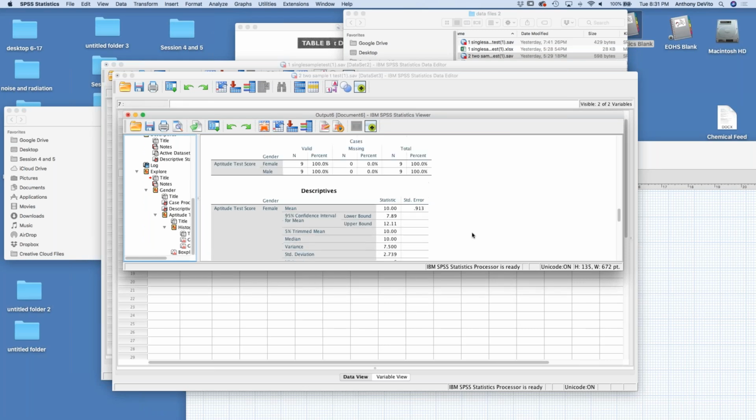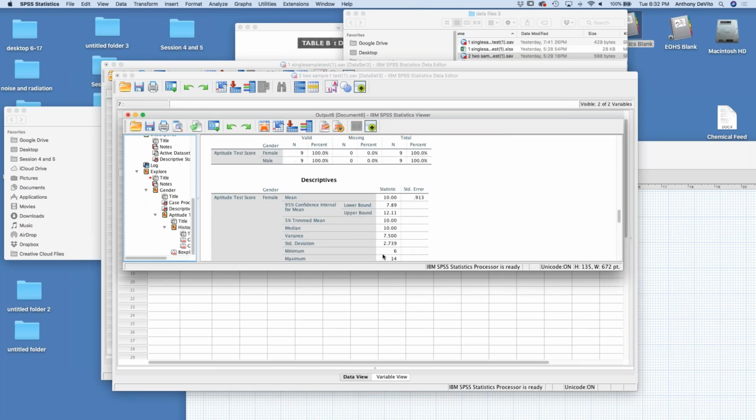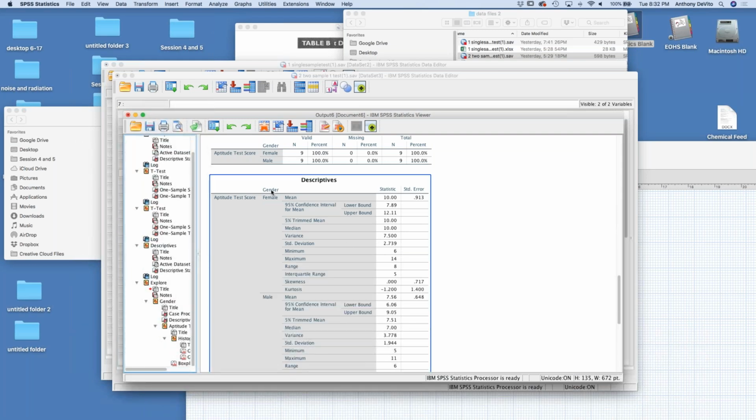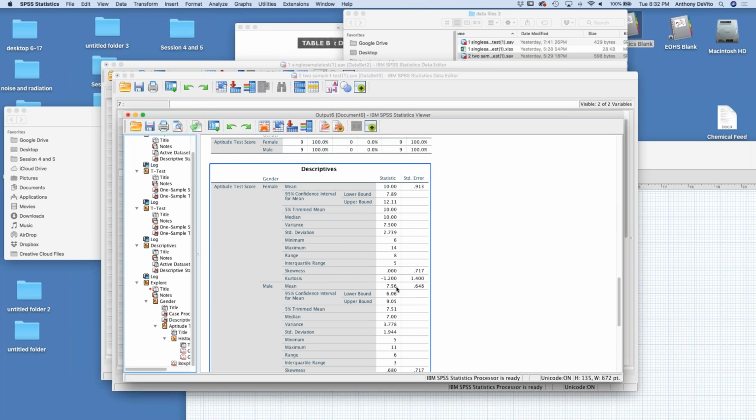Here's my output table. So you can see that there were 9 females, 9 males, no missing values. And the mean for females was 10. The mean for males was 7.56. Females appear to have scored considerably better than males did on this exam, on this aptitude test.